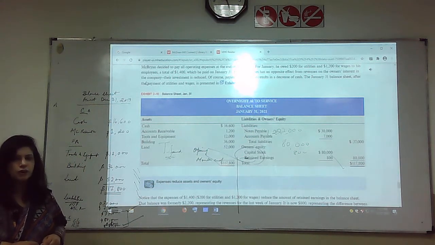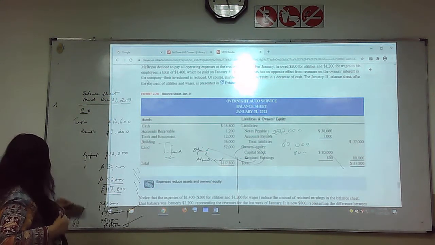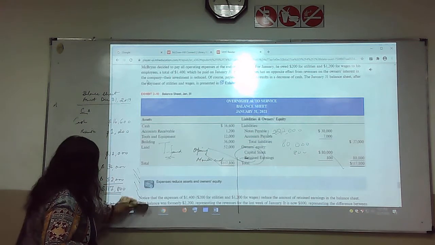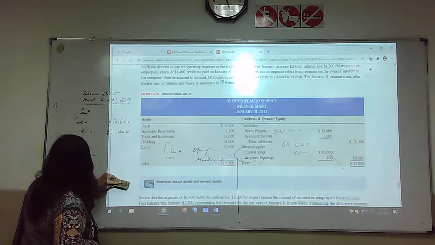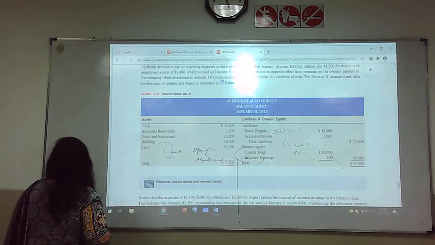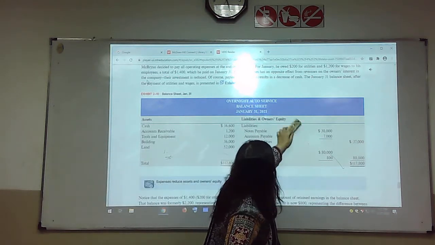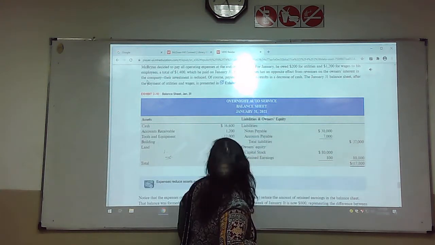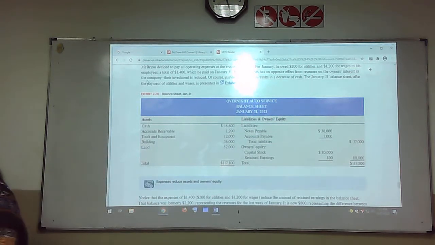Now let's just go for the equation. I'm going to be rubbing this off. Okay, so now we have this is the equation for a balance sheet that we're going to be talking about.